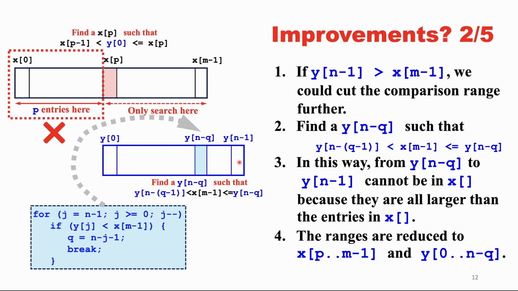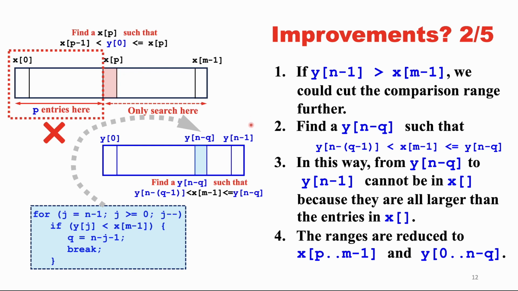So in other words, we scan down, because we assume this one is larger than this one, until we find the first element that is larger than this one but whose neighbor is less than this one. And if xm minus 1 happens to be larger than yn minus 1, you just swap the array names.